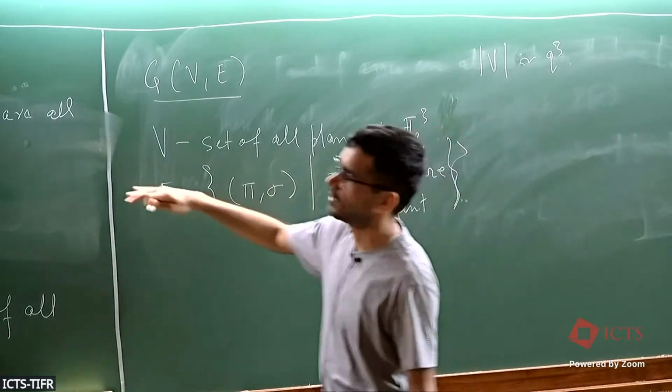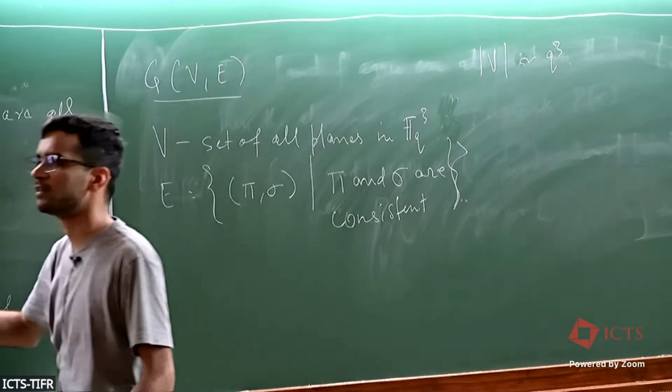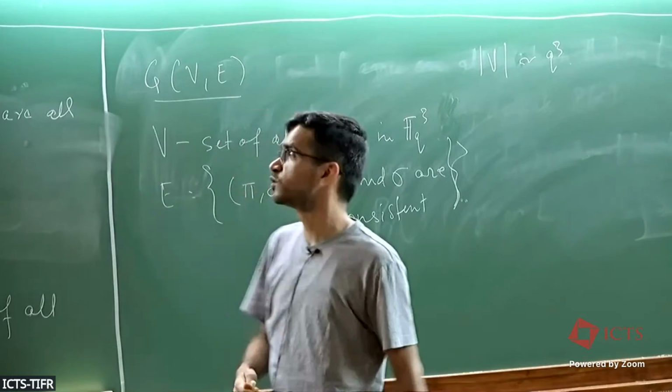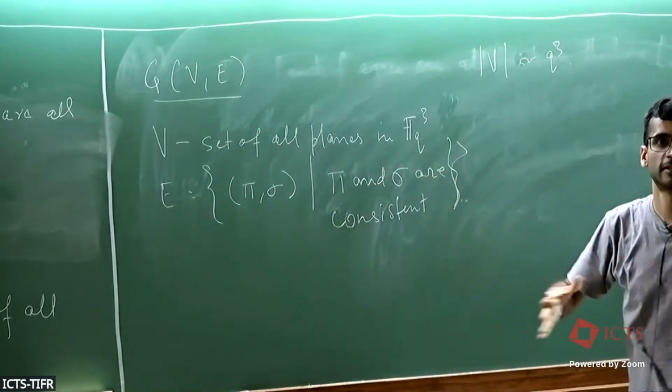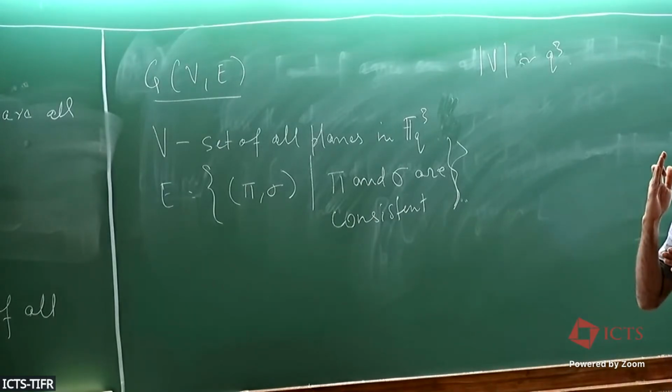All right, and we know that if we pick pi and sigma at random, then they are consistent with probability 1 minus 10 epsilon. So this graph is really dense. If you pick pi and sigma at random, a 1 minus 10 epsilon fraction of such pairs are going to have an edge.